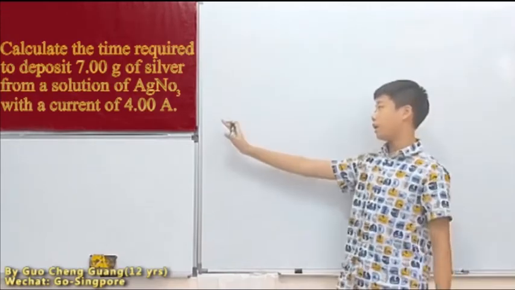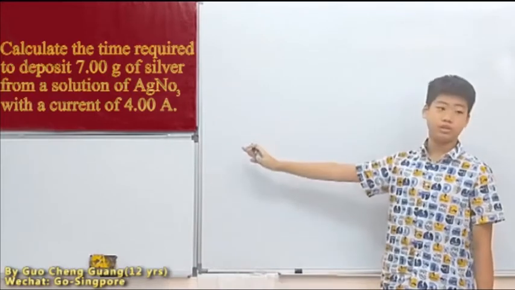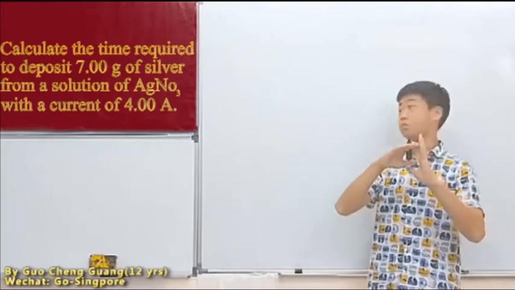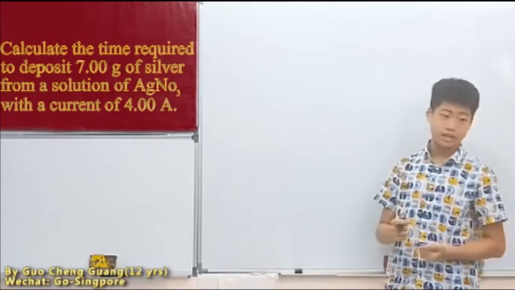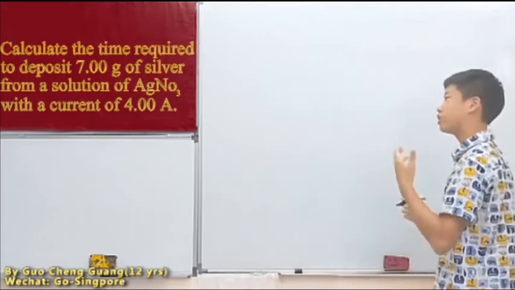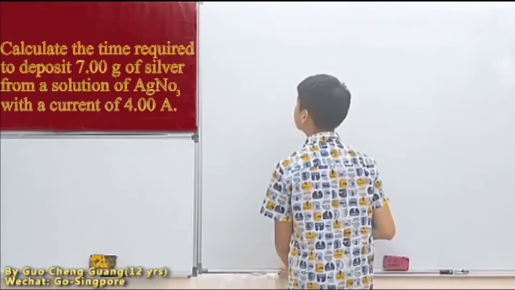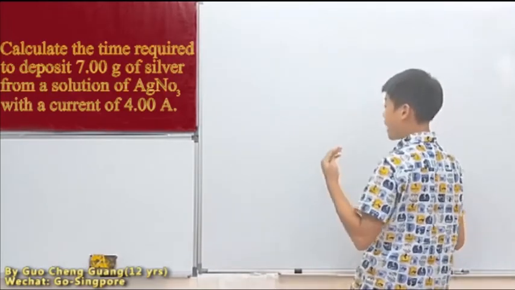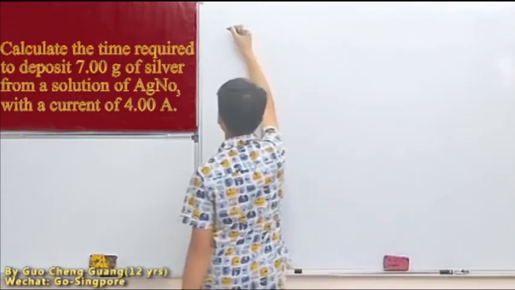Silver nitrate is mostly transparent, except if you mix it in water, where you can see white things floating about in the solution. Over here, we need to calculate the time, and we are given the mass and the current. So given mass and current, let's write that down first.